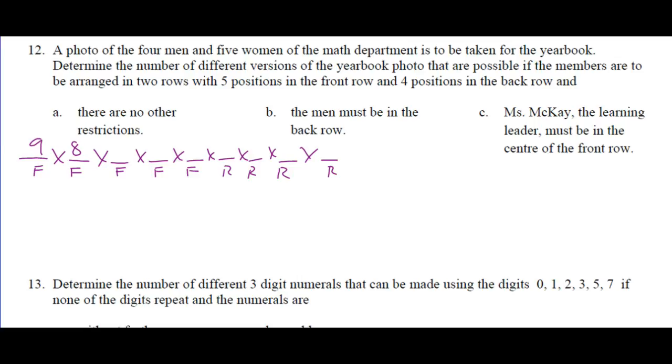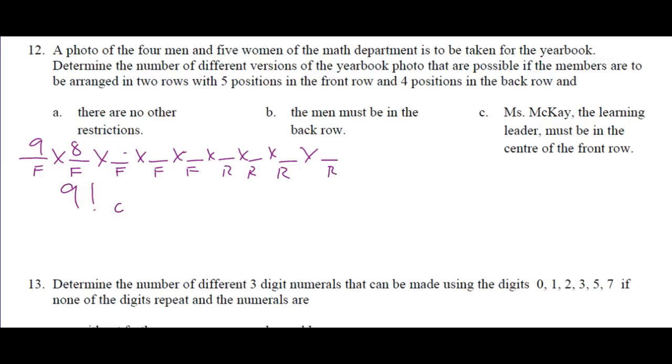How many ways can you arrange them if there are 5 in the front or 5 in the back and 4 in the front? 9 factorial. How many ways can you do if there are 6 here and 3? It doesn't matter, right? If there are no restrictions, it doesn't matter. Okay? Because all you've got is, I have 9 different spots. Whether they're 5 and 4, 6 and 3, 7 and 2, all 9, and it makes absolutely no difference, right? So the answer is 9p9 or 9 factorial.